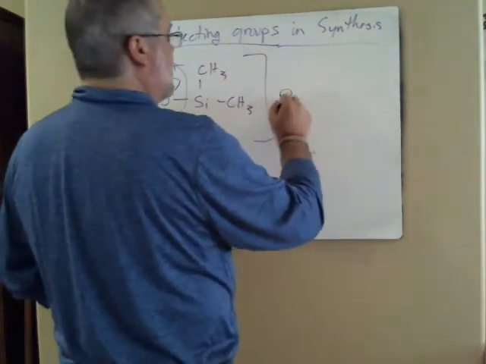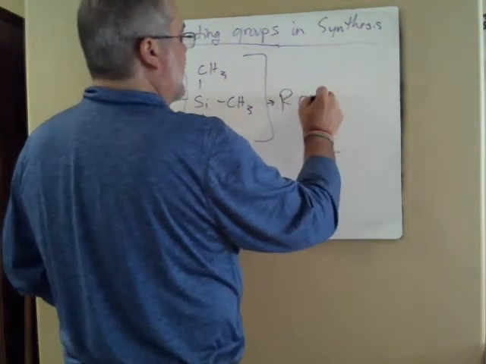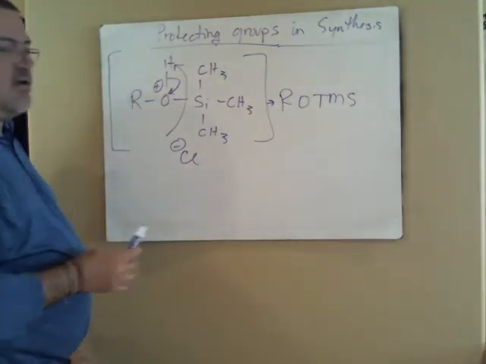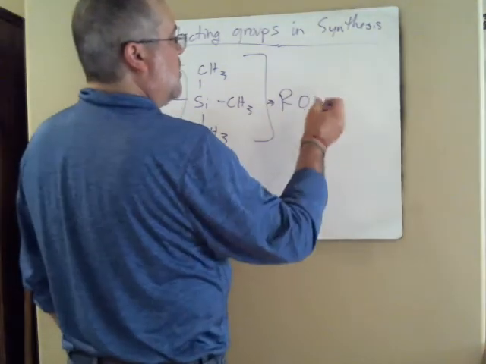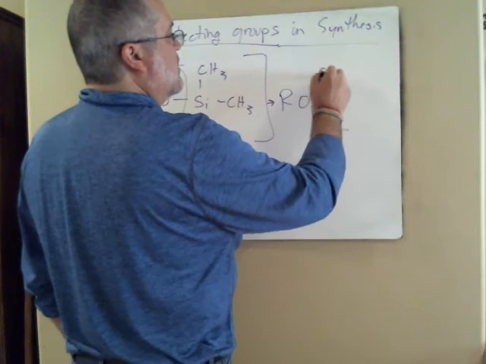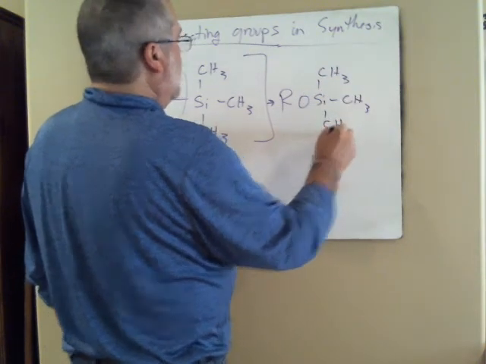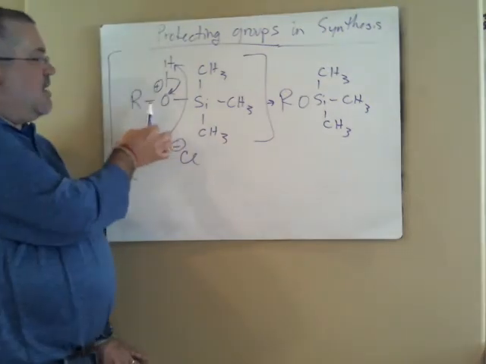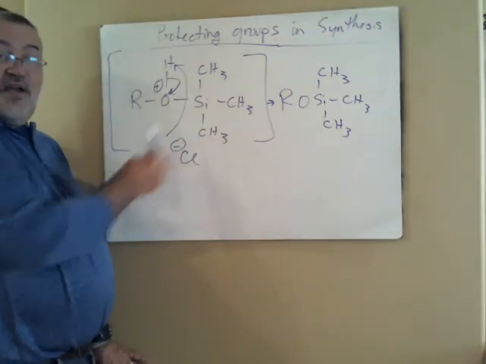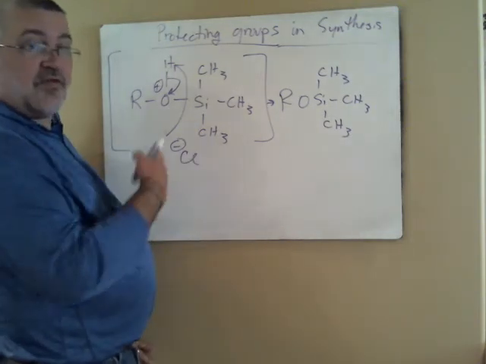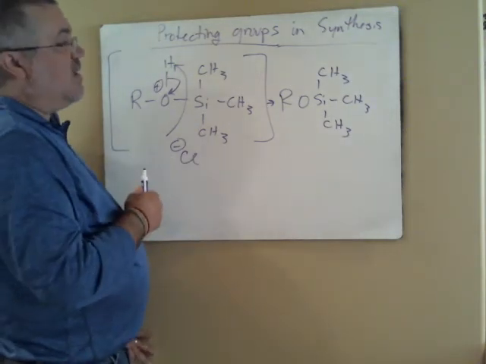And you form, as a result of that, what we abbreviate as the TMS ether, which is basically where we have the silicon with 3 methyl groups. So this really is an O to H type bond for the alcohol, which is important to know if you're looking at how it affects stereochemistry.